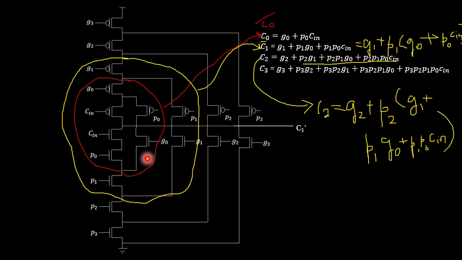Again, I can write P1 G0 plus P1 P0 Cin as P1 multiplied with G0 plus P0 into Cin.